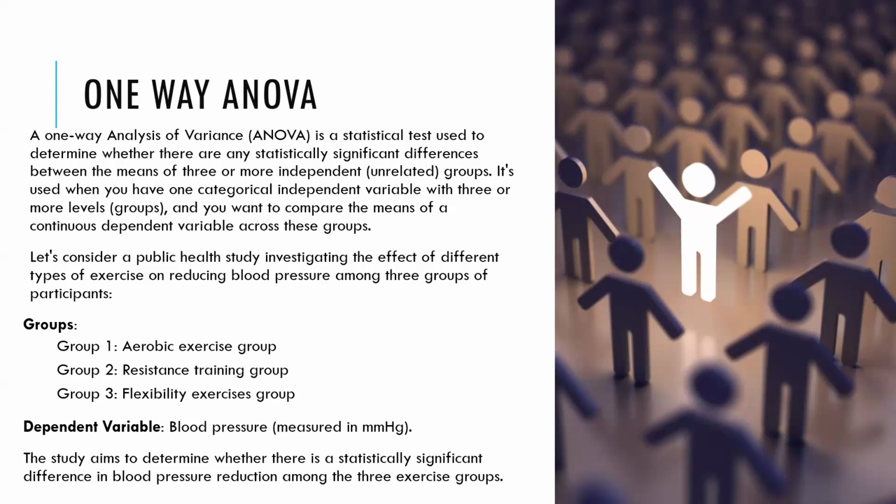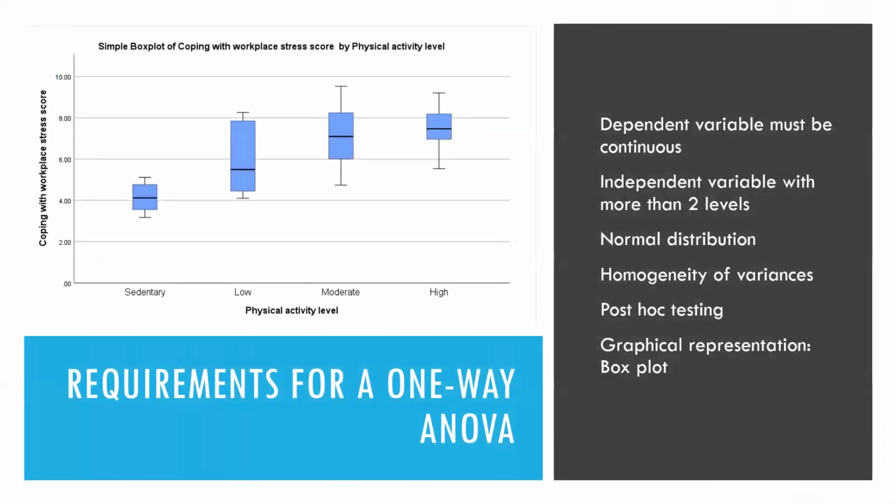And no, you can't just simply do multiple t-tests on those groups. If you do that, you significantly increase your risk of a type 1 error. So in this example, we're looking at blood pressure readings in groups that do aerobic exercise, resistance training, and flexibility exercises. So the box plot is actually a really nice way to graphically look to see if there's a difference.